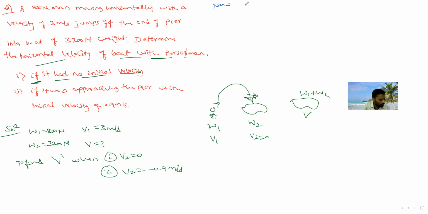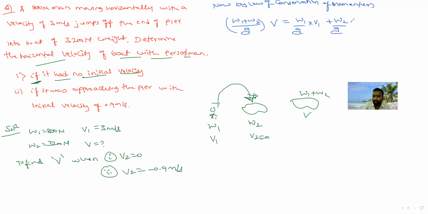By the law of conservation of momentum, W1 plus W2 divided by g, the mass, into V is equal to W1 divided by g into V1 plus W2 divided by g into V2. Okay, so g gets cancelled everywhere.